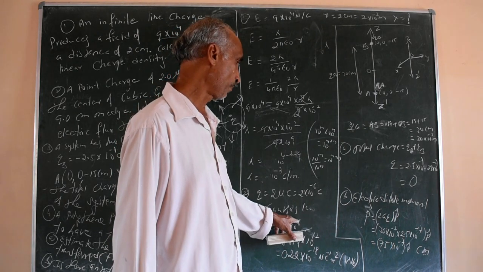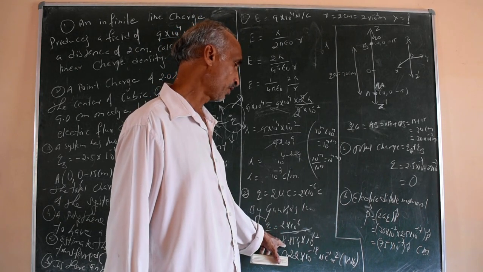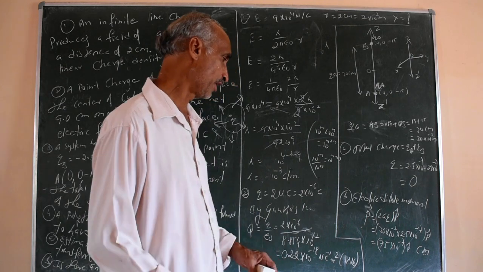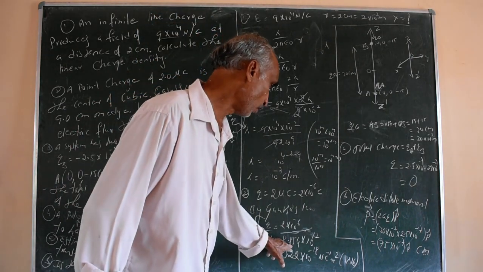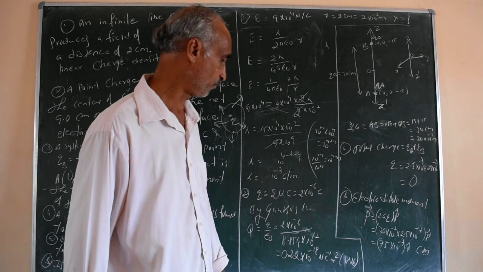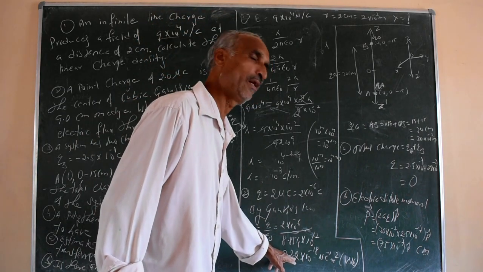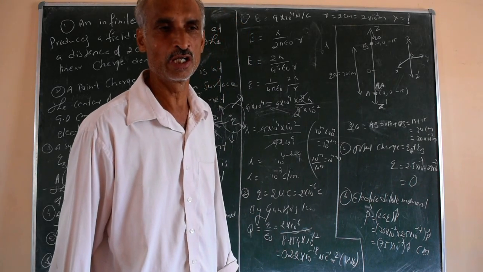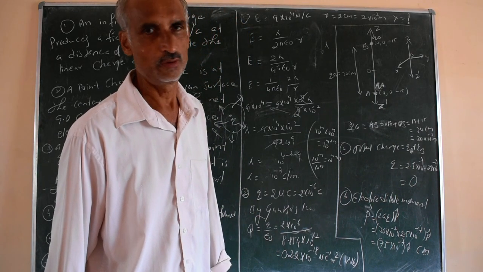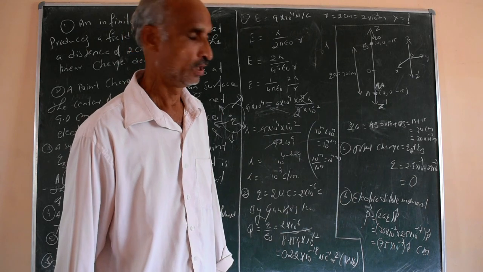Q is 2 into 10 raised to minus 6 coulombs, and epsilon naught value is 8.854 into 10 raised to minus 12. Then 2 upon 8.854 is 0.22 and so on. When the digits after are dropped, if the left side digit is even, don't increase it by one more.